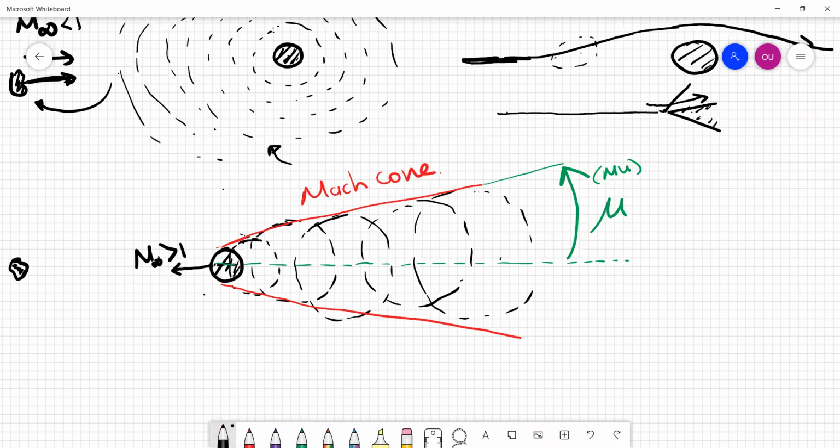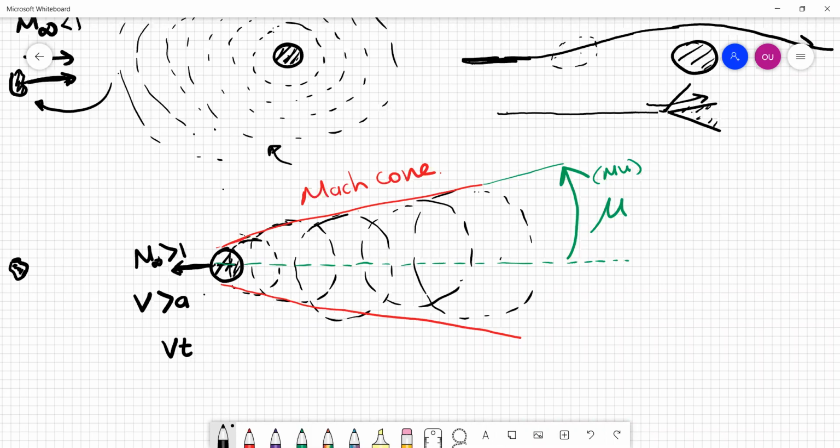For example, the object, first of all, is moving, let's say, with a velocity v. And this velocity, we know that it's greater than the speed of sound because it's flying supersonically. So in a time amount of t, so many seconds, so many hours, the object will move v times t to the left.